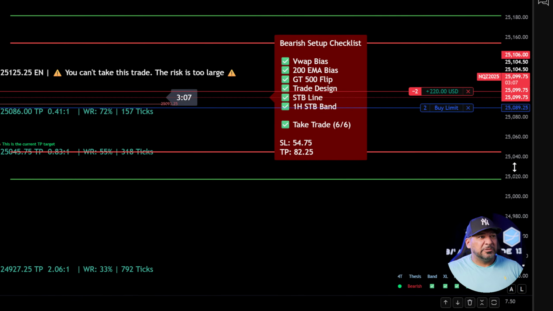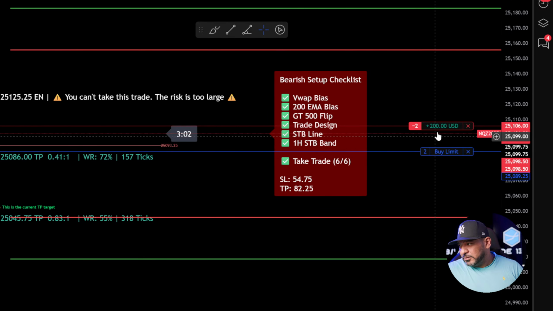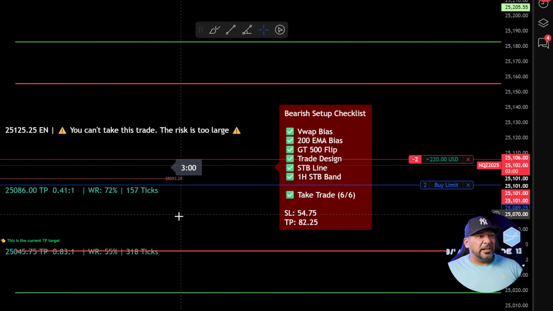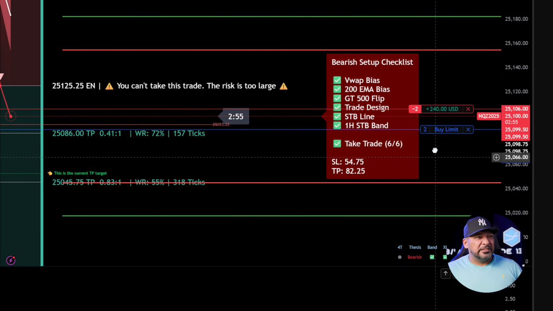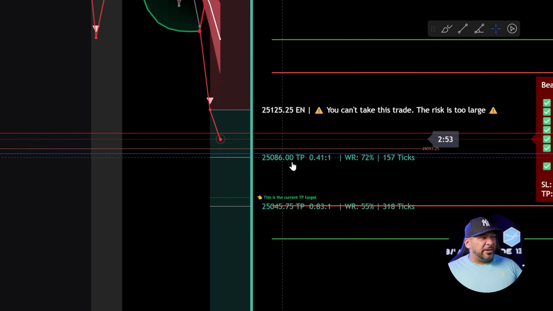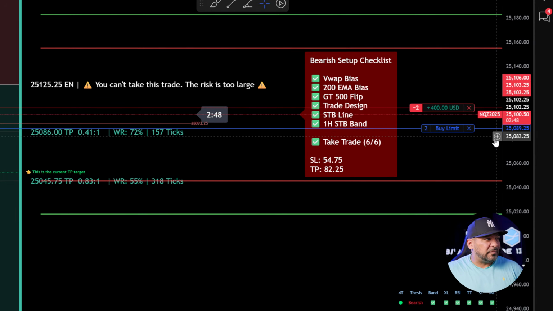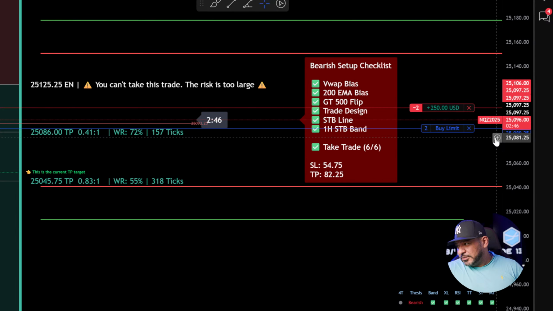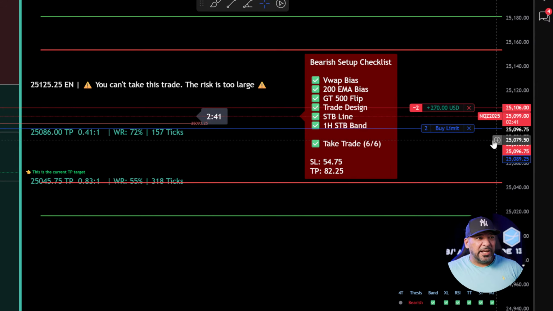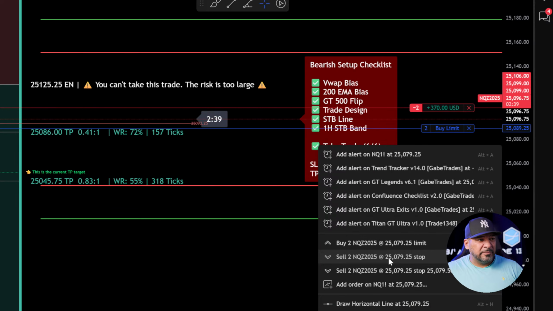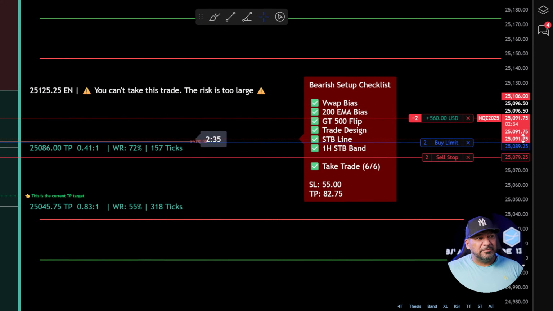I'm going to set my buy order right there. Okay. And we're going to see if it hits. Got a buy order right there. And then on the other side of that, we can sell.